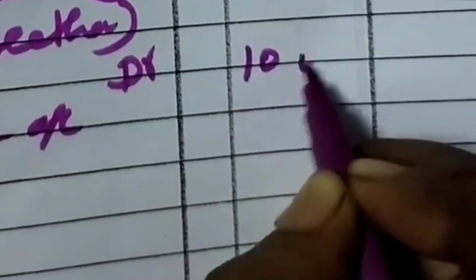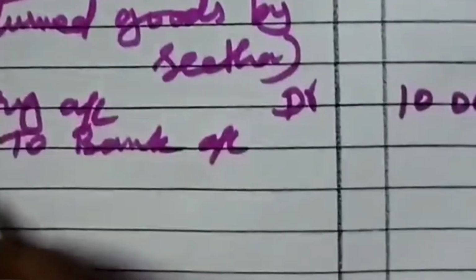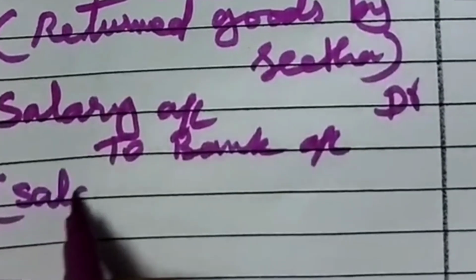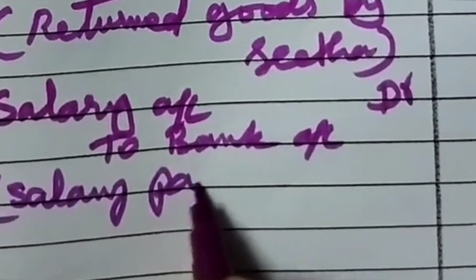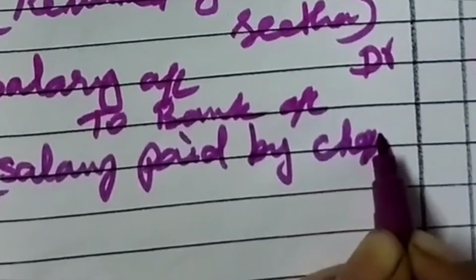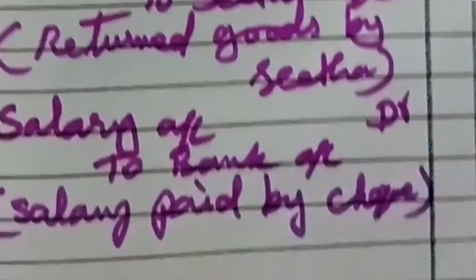Under the debit 10,000, under the credit also 10,000. Narration. What narration we have to write? Salary paid by check. Okay, now we can go to the next transaction.